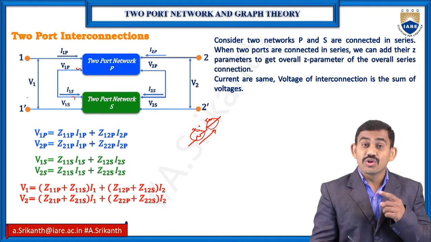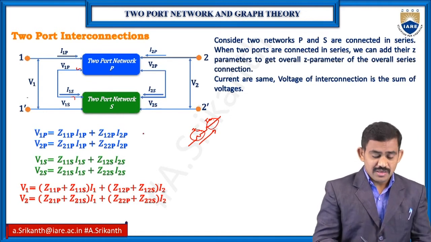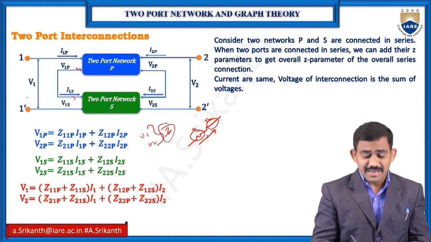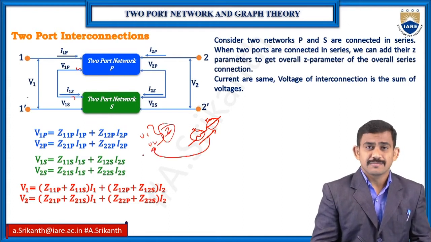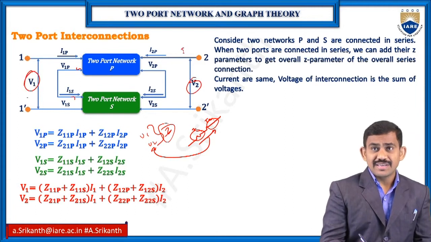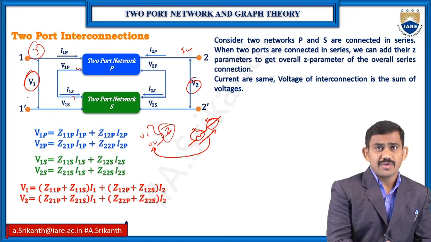So we require the voltage equations, which means V1 and V2 in the Z parameters. When the current is the same, we need to go for the Z parameters. Here I will find V1 and V2 in the form of I1 and I2.